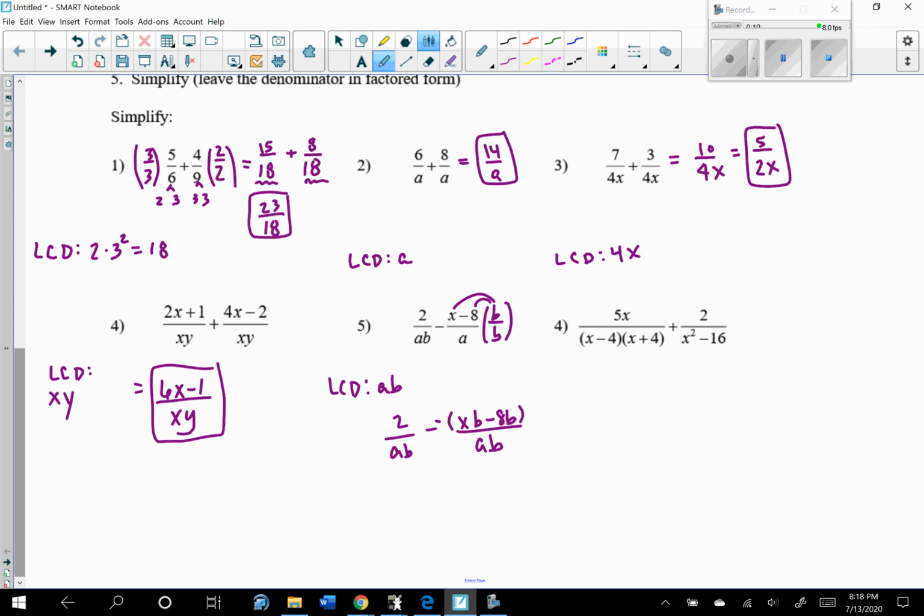You have to be careful because this is a minus sign here, so that minus sign has to be distributed to both of these terms. So 2 minus xb, minus minus becomes plus 8b, over your common denominator ab. There are no like terms here, so we can say this is our solution because I cannot simplify anything further.